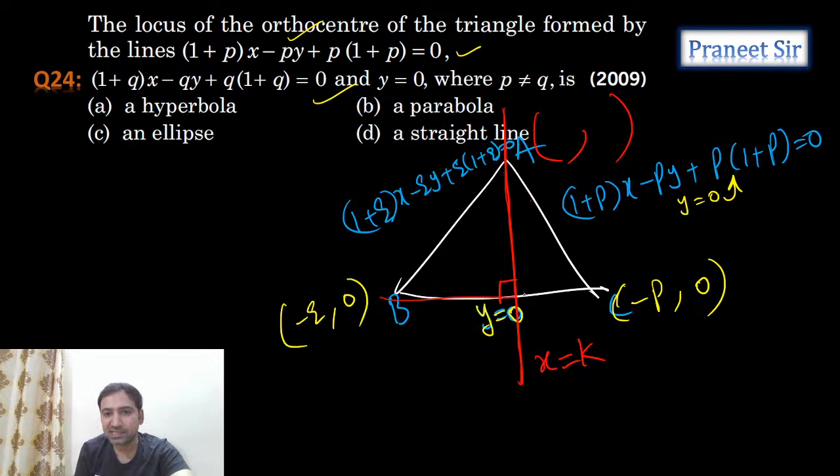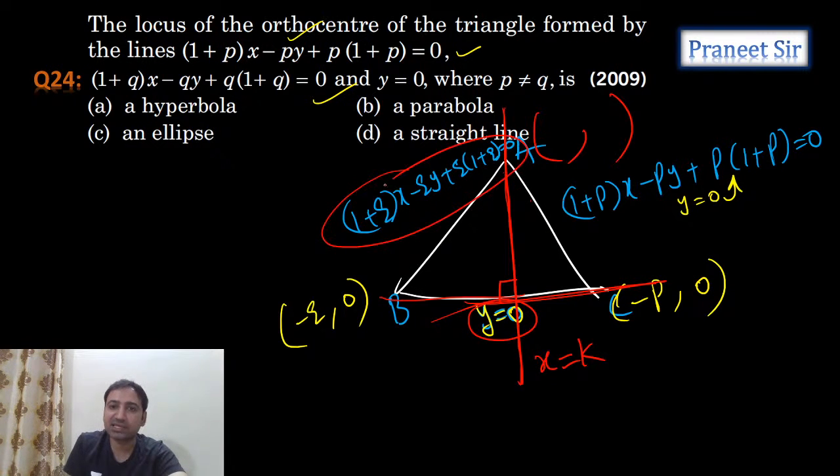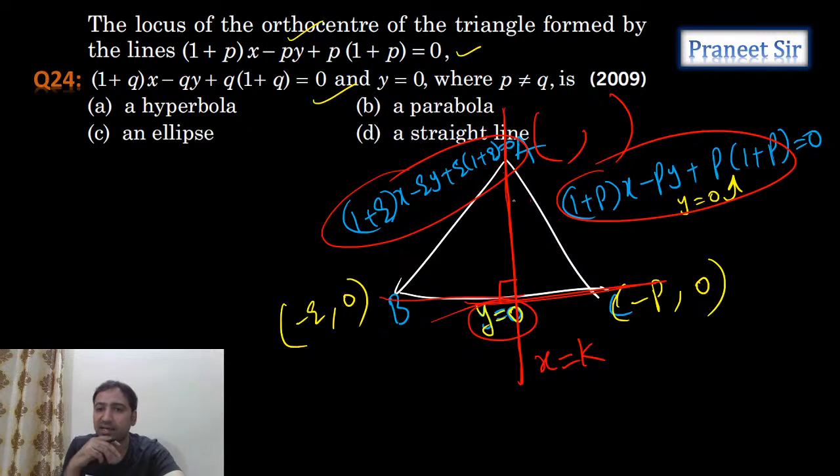Why? Because the base is fixed. The base is y equals 0. So compulsorily the altitude should be a vertical line. Altitude vertical line means x equals constant. x equals constant means when we try to solve for the x coordinate of these two lines, we'll get that k. So k is nothing but the x coordinate of the point of intersection of these two lines.